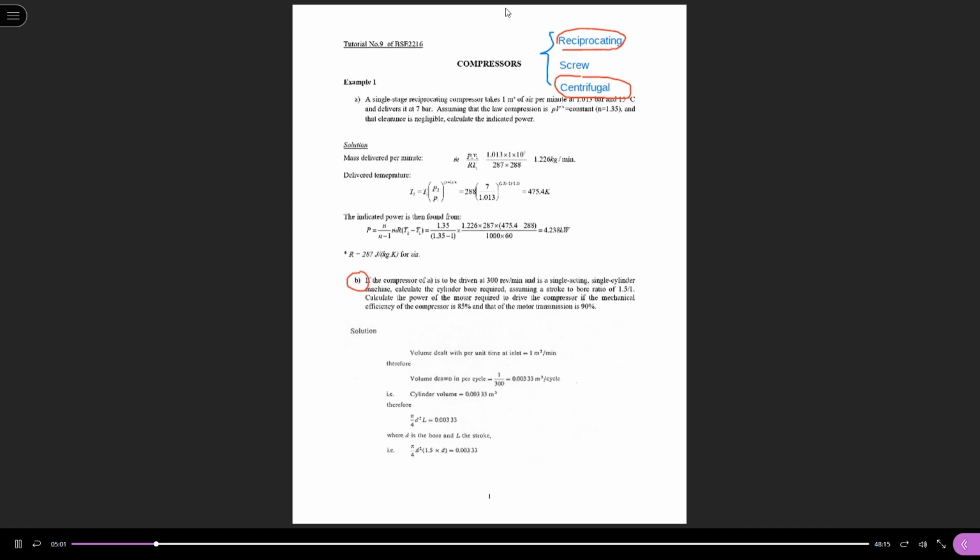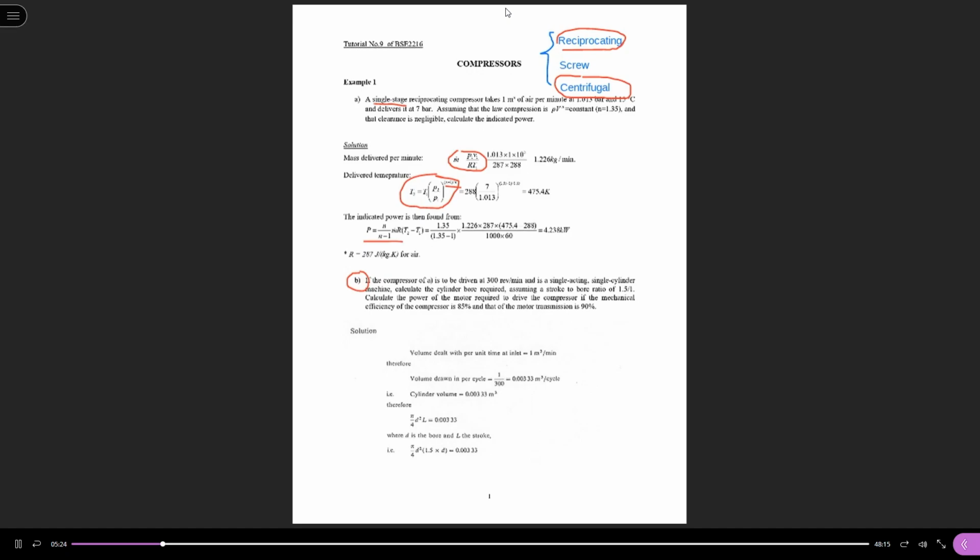For part A, we have to be careful. It's a single-stage reciprocating compressor. So we should know how to use the perfect gas equation and also to calculate the delivered temperature after compression. So we can see the equation and also the indicated work.